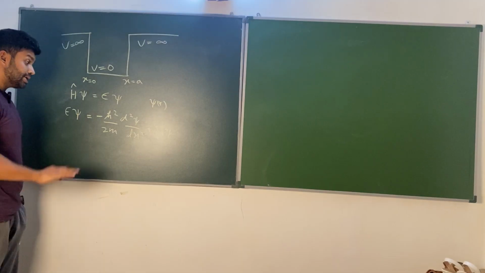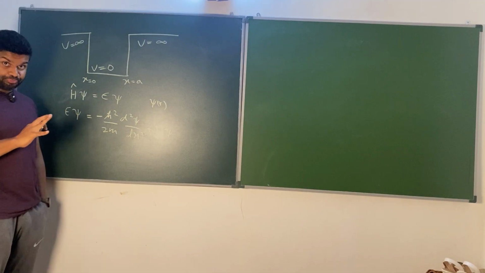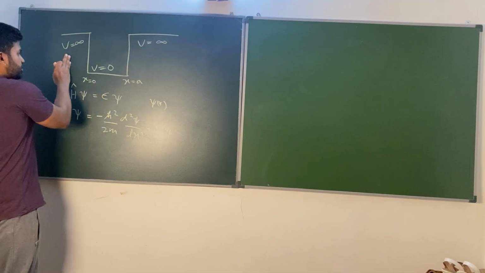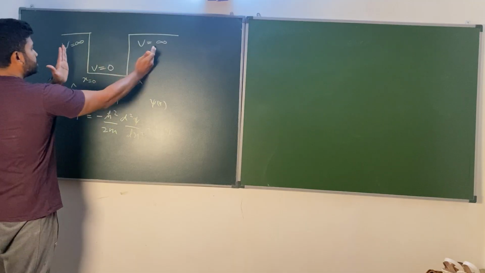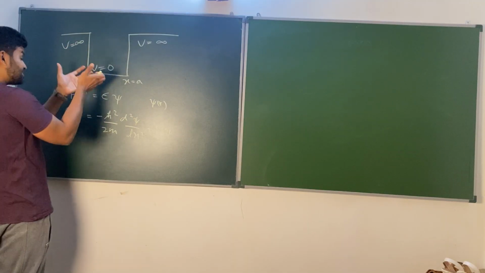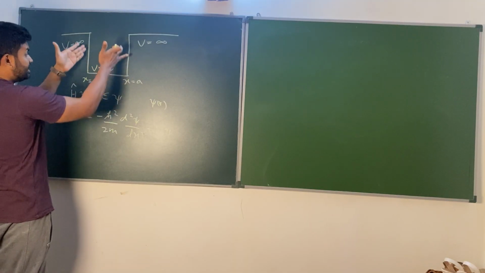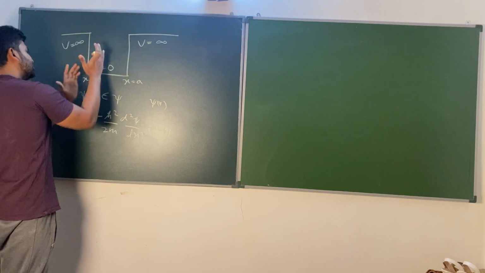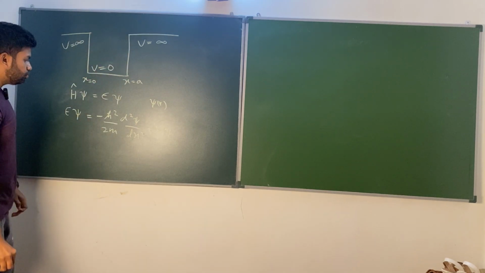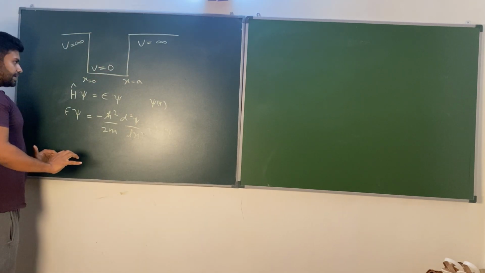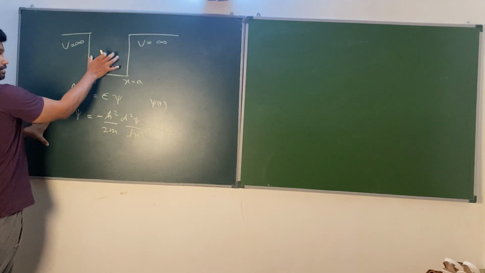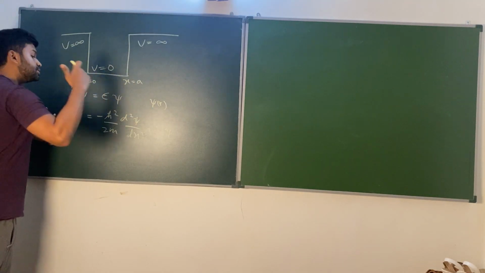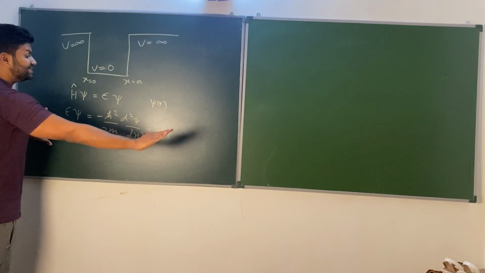Now the catch is, we already know that the particle can't reach these two ends. The particle has to remain inside this region. So I can clearly say that if you are talking about this well, you can straight away take V as 0, guys.